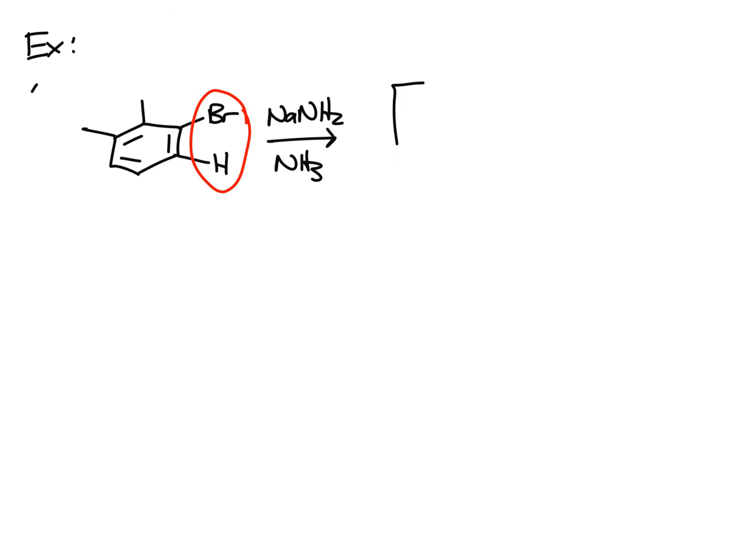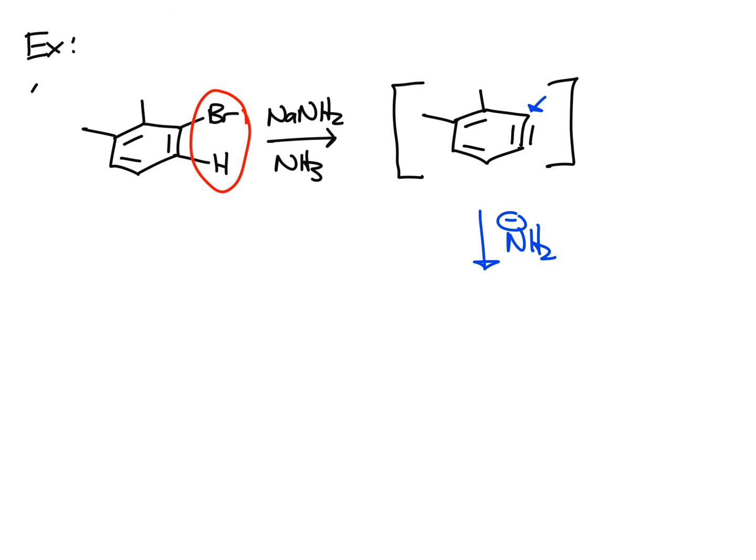So let's start by drawing our benzyne intermediate. Then from here, once this reacts with NH2- as a nucleophile, it can add to either of these triple bond carbons.